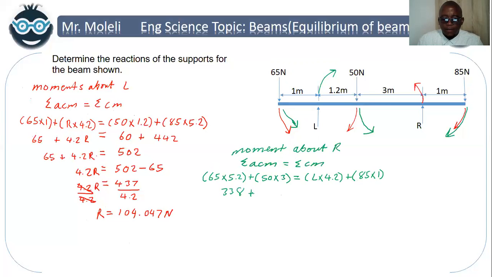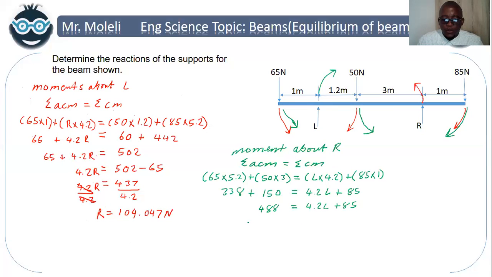Now when you remove the brackets, you have 338 plus 150 equals 4.2L plus 85. When you add the two, this gives you 488 equals 4.2L plus 85.